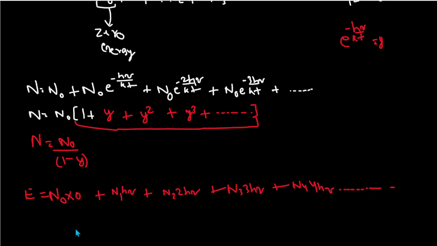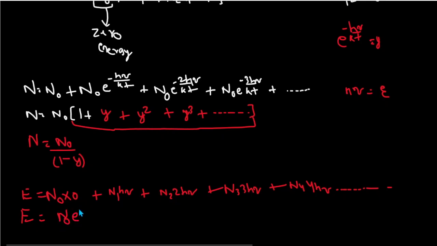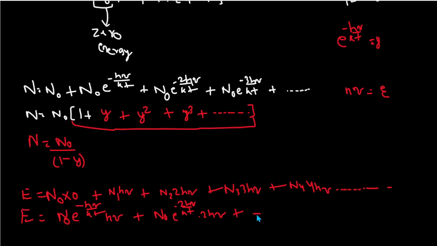If I substitute h mu as epsilon, E is equal to, putting n1 as n naught e to the power negative h mu divided by kt using the formula I discussed, into the h mu factor, plus n naught e to the power negative 2h mu divided by kt into 2h mu, and so on.